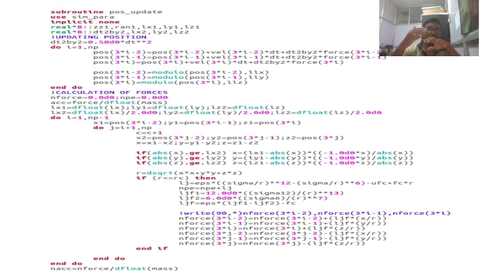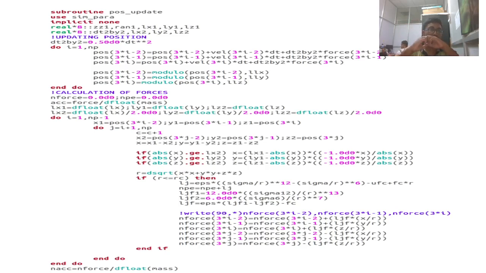So what we have is the total number of particles. Since this is a 3D simulation, 2197 particles have been taken, and basically 3 into 2197 values.